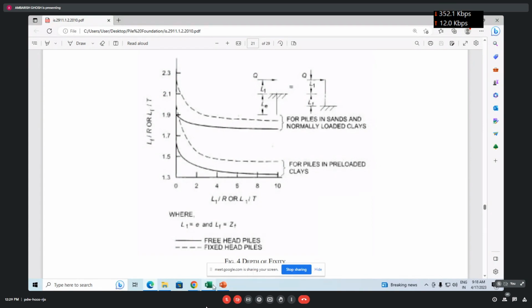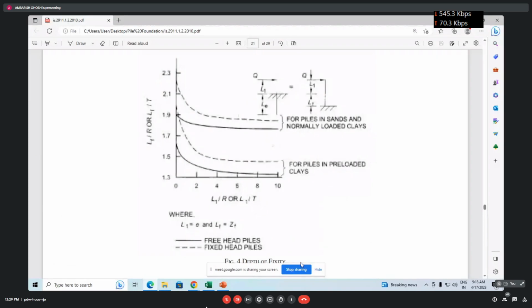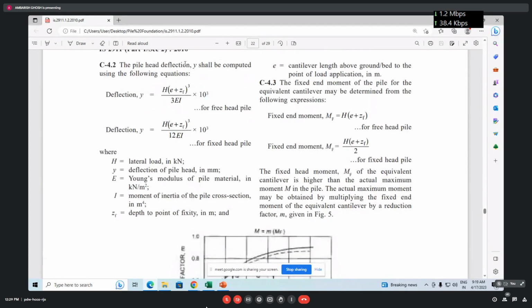So you will be using the corresponding formula, and then you can calculate. So now can you calculate the H value from this formula for fixed head condition and free head condition using Y equal to 5 millimeter? It is easy.